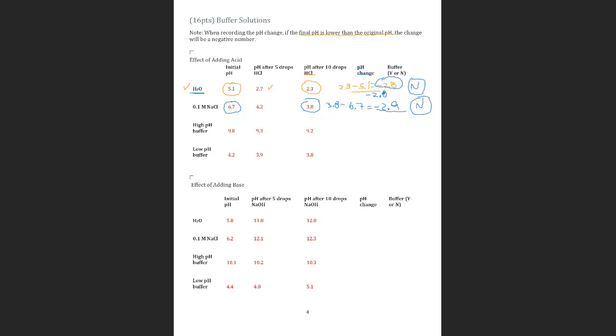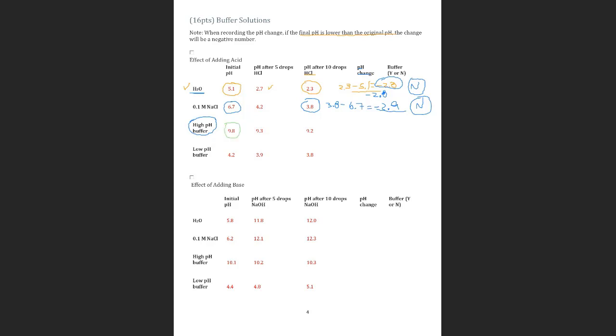Now let's look at when we have a high pH buffer. We have a buffer that works better with higher pH, which is basic pH, when the solution is basic, but it's still a buffer. So the initial pH is 9.8 of the buffer.